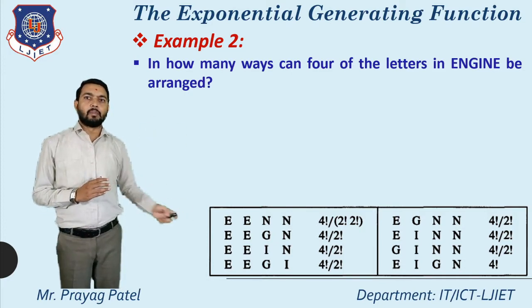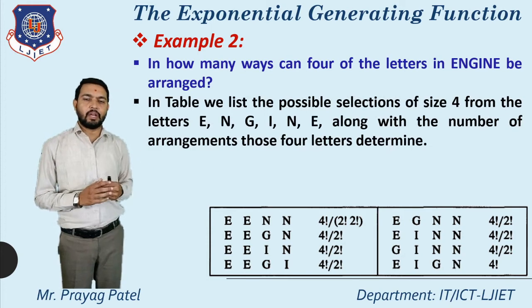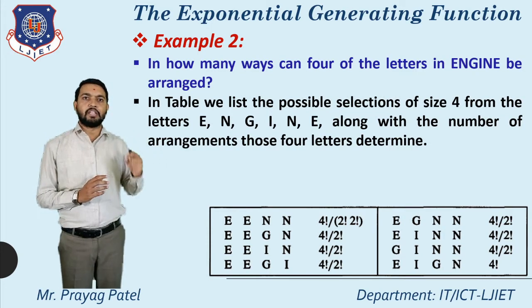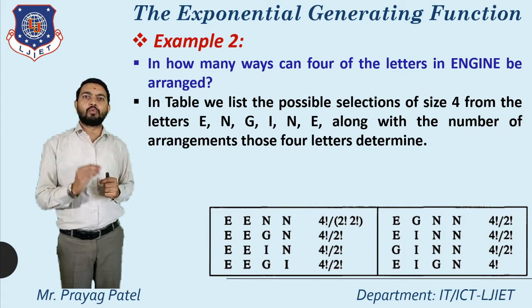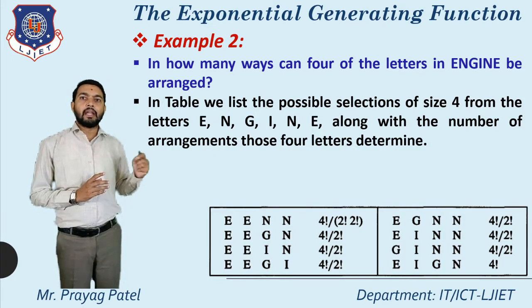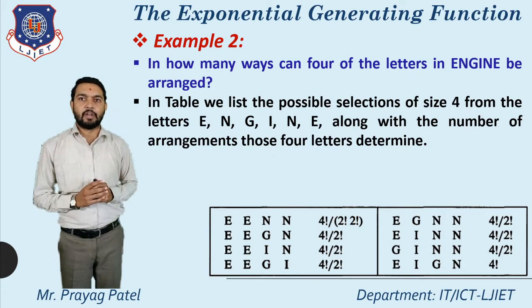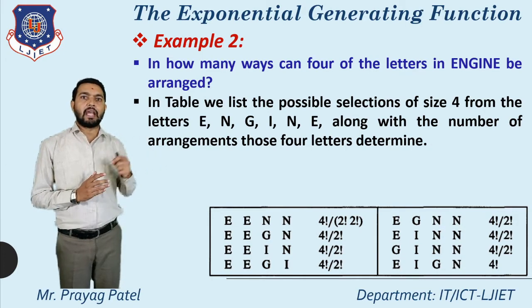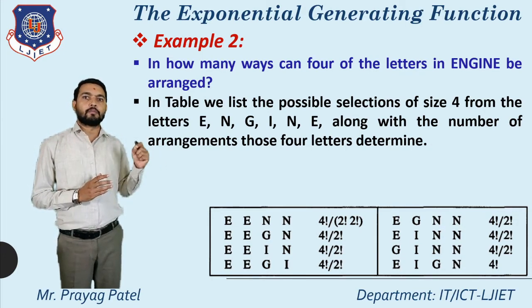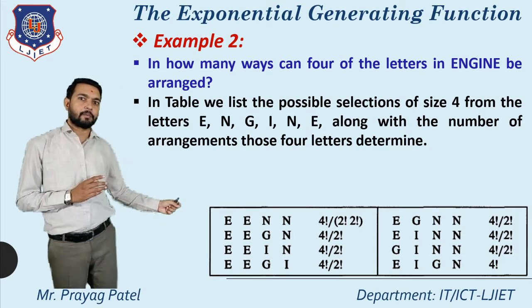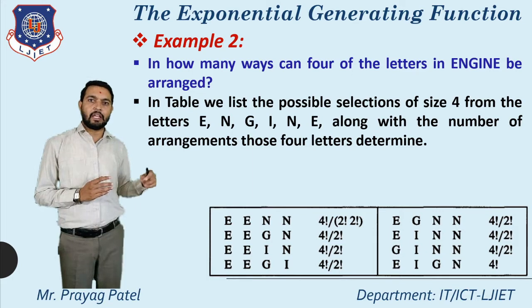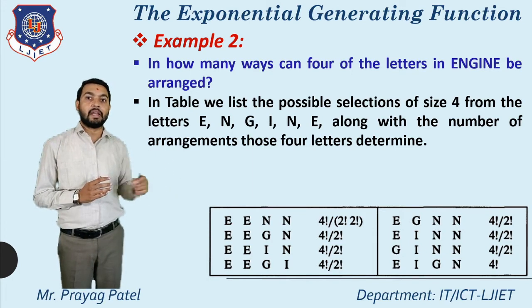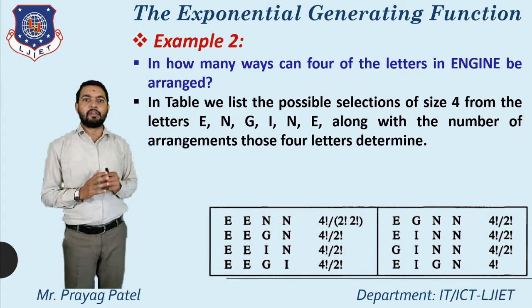In this table, we consider the different possibilities for the letters E, N, G, I, N, E. We only have to select 4 letters, and here we consider that there are 8 different possibilities. So this table shows the selections of 4 letters from E, N, G, I, N, E. First is E, E, N, N, then E, E, G, N, then E, E, I, N, E, G, I, N, E, I, N, N, G, I, N, N, E, I, G, N. These 8 are the different ways.